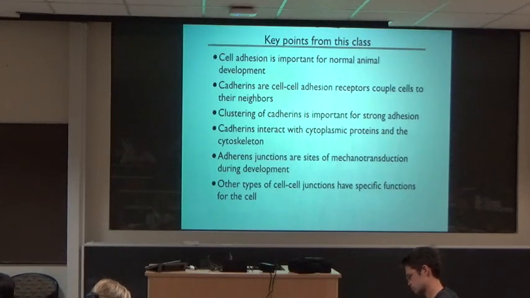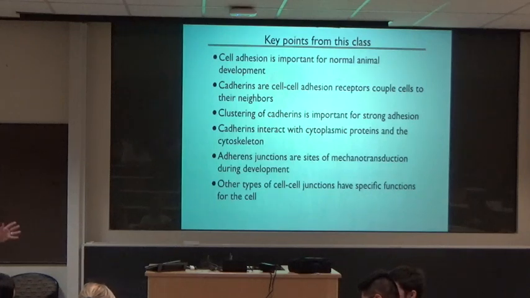And then we talked about how they interact with cytoplasmic proteins and allow transduction of force between the actomyosin cytoskeleton and neighboring cells. And I didn't get to this last point, which is other types of cell-cell junctions. In the interest of not rushing through it, I'm going to leave you to review that on your own. The main point is just that there are other types of cell junctions as well. You should know what those types are and in a broad sense what they do, but you don't need to know those in so much detail.